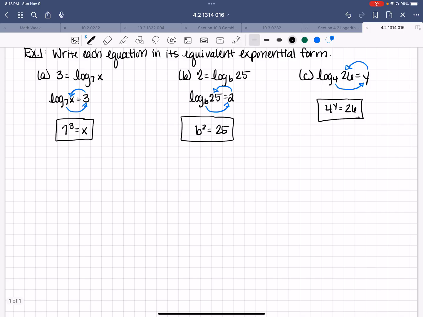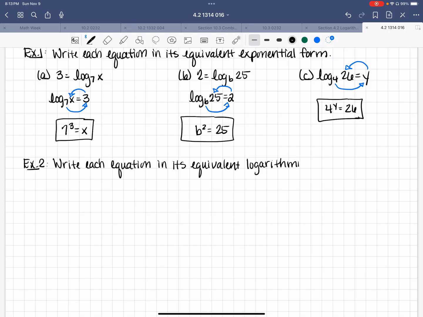All right, let's look at example 2. Example 2 says we want to write each equation in its equivalent logarithmic form.